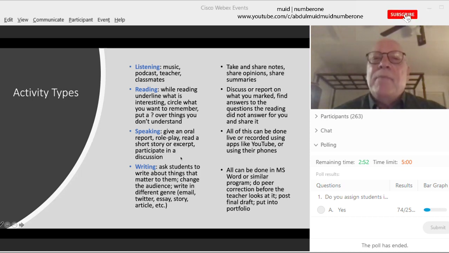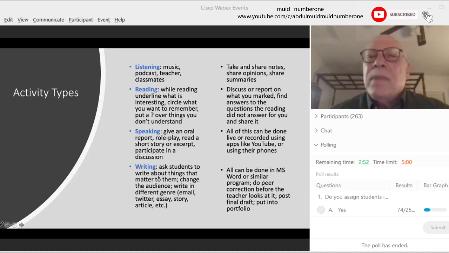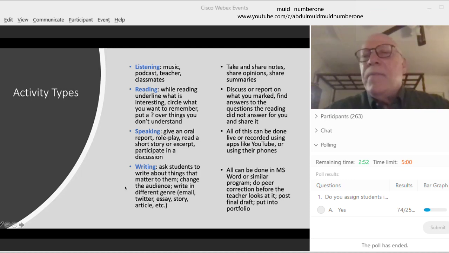In writing, you can ask students to write about things that matter to them. Again, making language personal, making language about them, making learning about them. You can have them, instead of asking them to write something, and all students, when you ask them to write something and you don't give them the audience, they write it too.